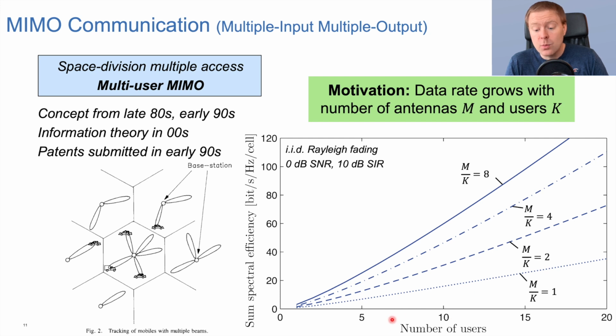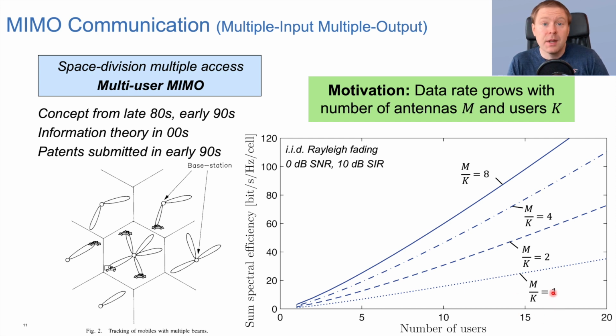In all cases, when I add users to my system, I'm also adding antennas to the system in order to direct the signals better and better towards them, and at least you need to have as many users as antennas, or antennas as users, so that you can form different beams that are non-overlapping towards users. This is how the sum spectral efficiency is increasing essentially linearly with the number of users when you have the same number of antennas as users.